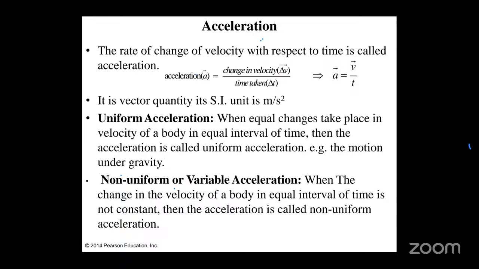When equal changes take place in velocity of a body in equal intervals of time, then the acceleration is said to be uniform. One example is the motion of an object under gravity. That is why acceleration due to gravity, g, has a constant value of 9.8 meters per second squared, because we have equal changes in velocity at equal intervals of time.